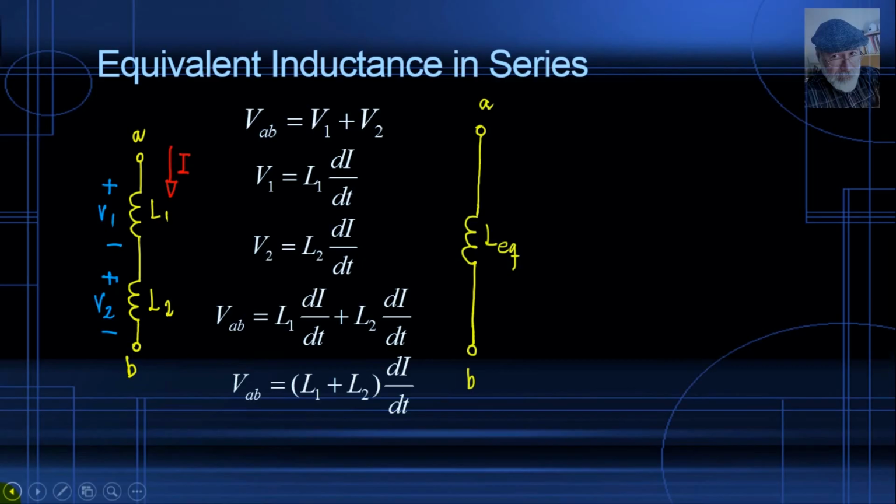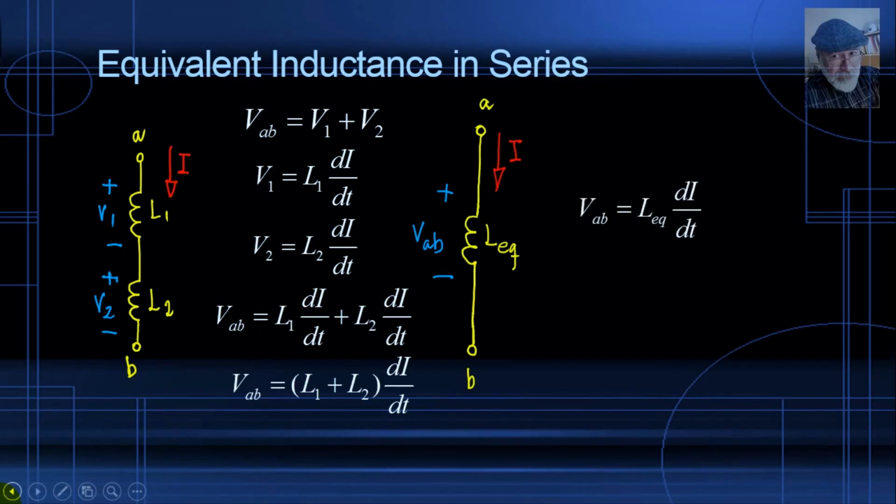We have an equivalent inductor that we need to find, LEQ, between nodes A and B. It will be equivalent if it pulls the same current I when the voltage is the same VAB. But you know the relationship between that VAB and I should be what? V is L di/dt for an inductor.